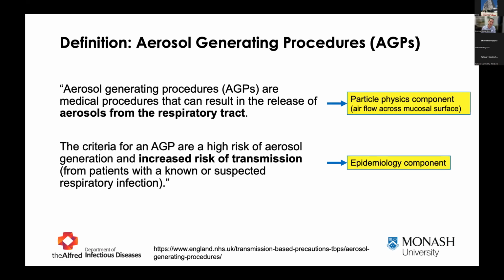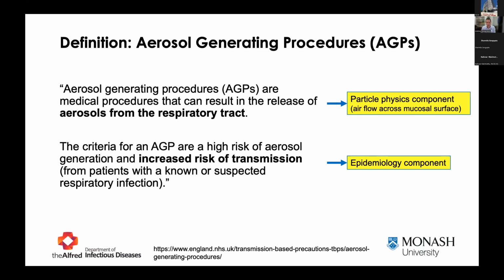All right, so I suppose we need to start with a definition of aerosol generating procedures. This one I've taken from the NHS in England, which is pretty similar to the WHO definition. They say that aerosol generating procedures are medical procedures that can result in release of aerosols from the respiratory tract, and that criteria for an aerosol generating procedure are a high risk of aerosol generation and increased risk of transmission when the patient in question has known or suspected respiratory infection.